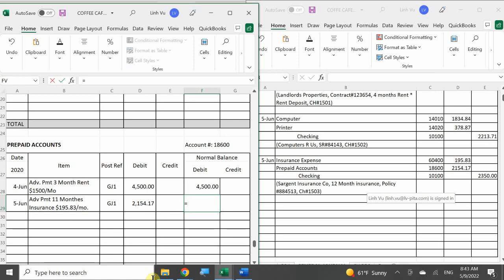So in this case, my formula here for my Excel is going to be previous balance plus any debits minus any credits. So if you're looking at direction, it's up 1 plus left 2 minus left 1. And that should give you a running balance of 6,654.17. So we have prepaid rent here and we have prepaid insurance.